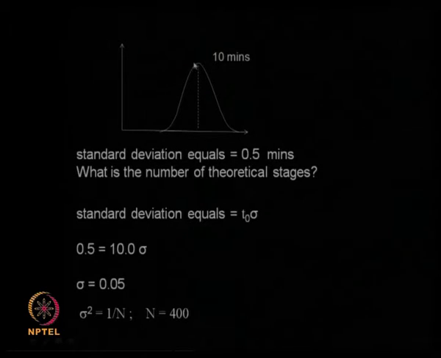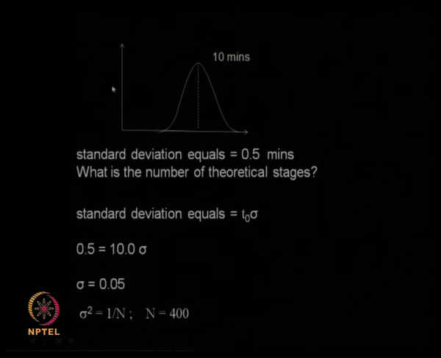Suppose I have two curves, and if the width is very small, the separation will be good. If the width is very broad, you are going to have an overlap of one curve with another. That means there is going to be an overlap of one solute with another, so you are going to produce a large amount of mixed solute. So this problem tells you how efficient this particular column is based on the elution time and the standard deviation.